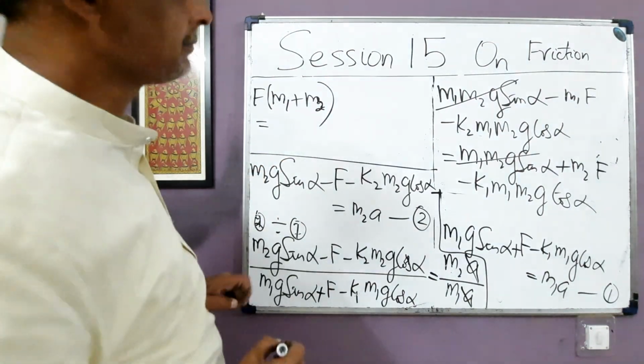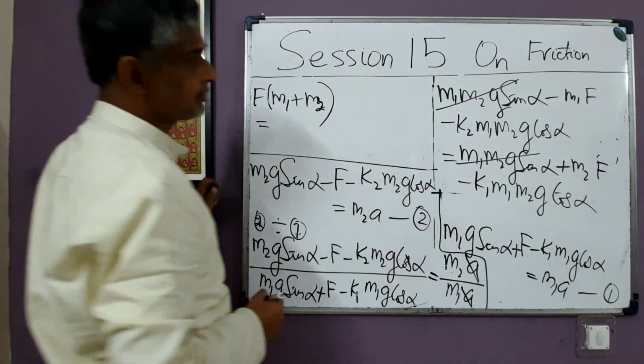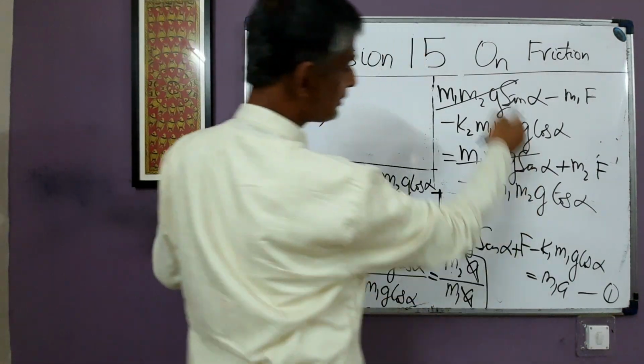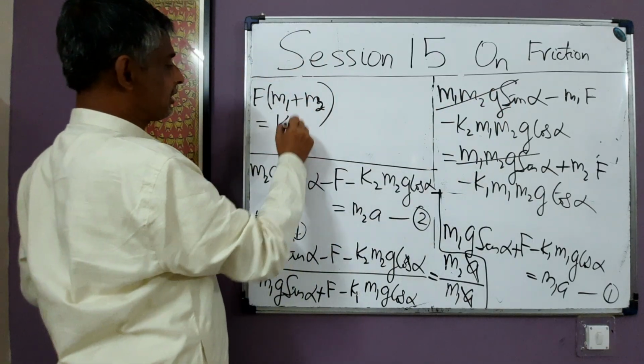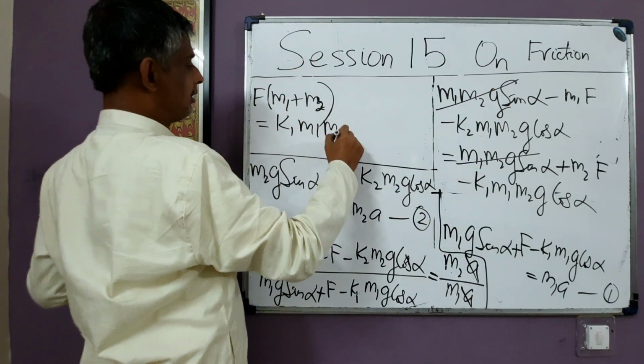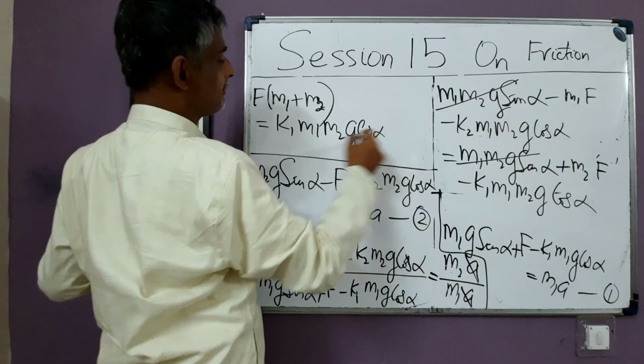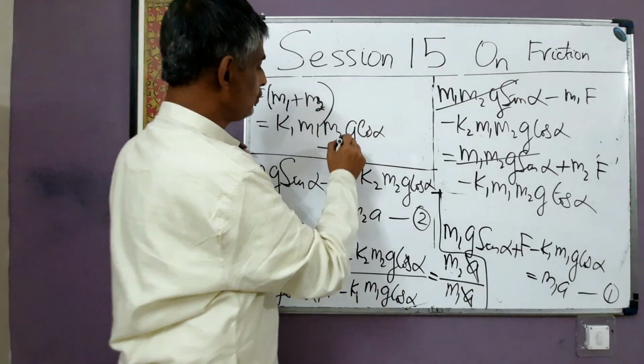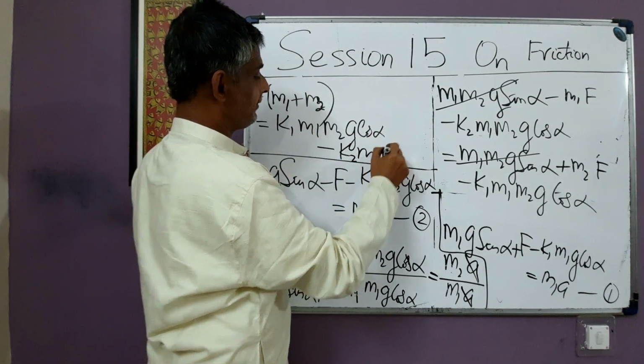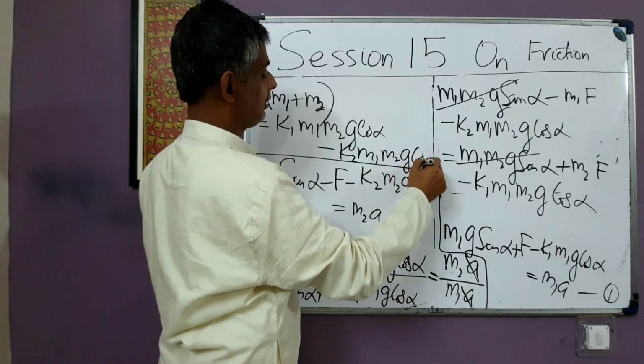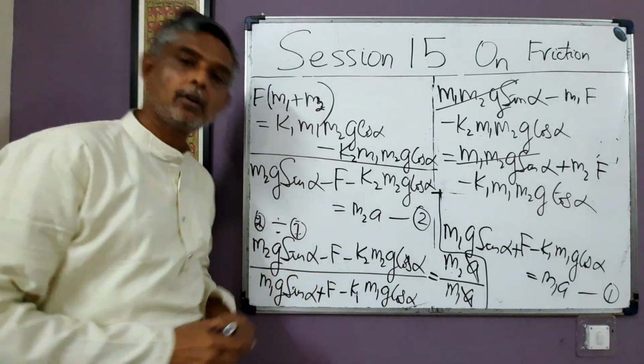This term goes to that side, so this becomes k1 m2 g cos alpha minus k2 m1 m2 g cos alpha. Alright, fine.